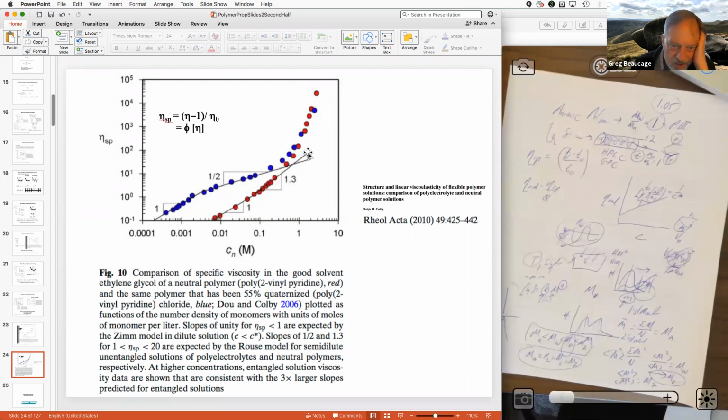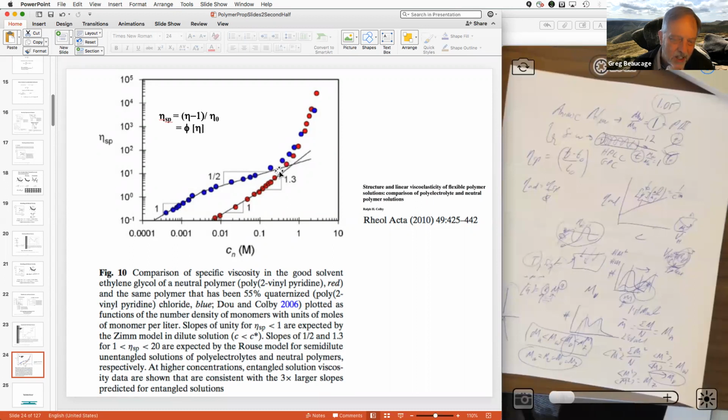So where this shoots up is the entanglement concentration, and where that changes from 1 to 1.3 is this overlap concentration, 0.1 molar. Right? When he charges the chain, everything changes, but basically he still sees power 1 in the dilute condition, and then he sees this weaker dependence between the C star and the entangled chain part.